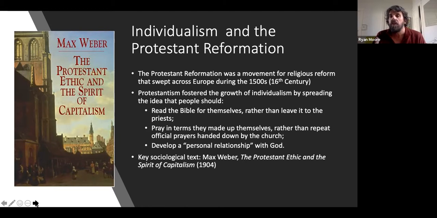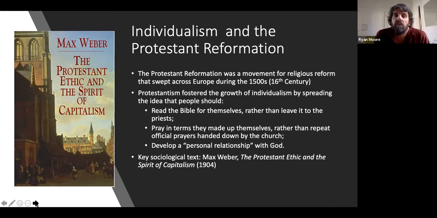And the connection between this culture of individualism and the larger intellectual context of reason and rationality, and how that's connected with the rise of capitalism, will be taken up by the German sociologist Max Weber, whose writings we'll be looking at much more closely at the end of the semester.